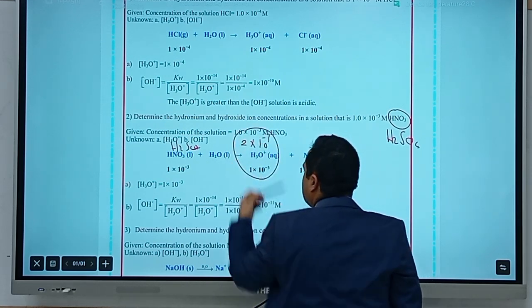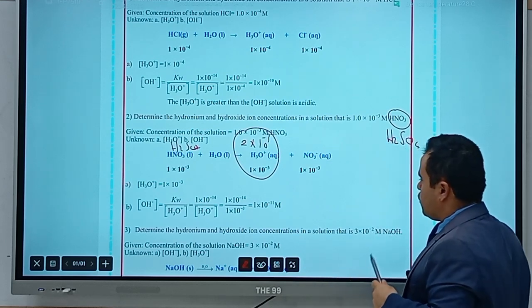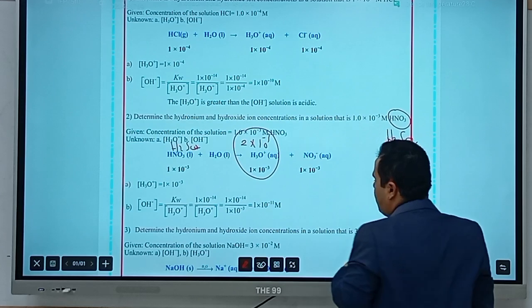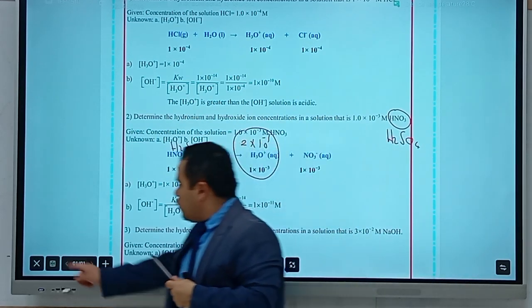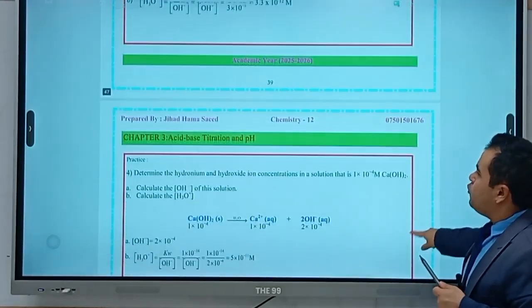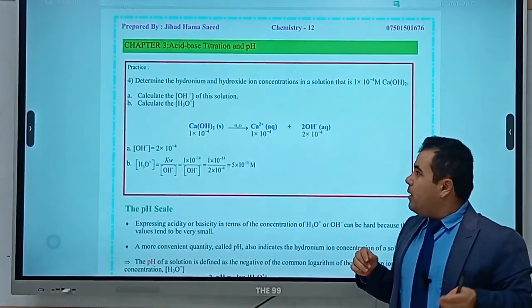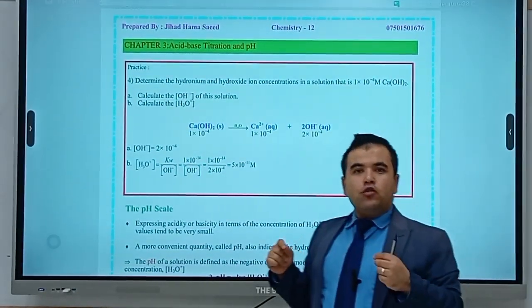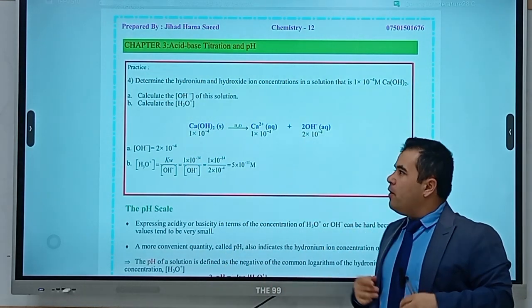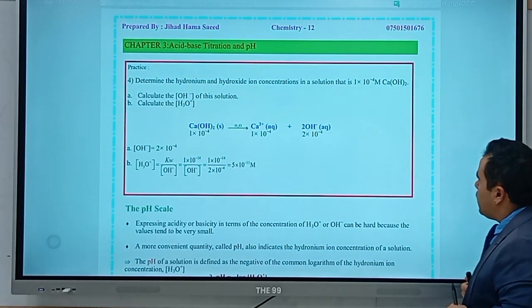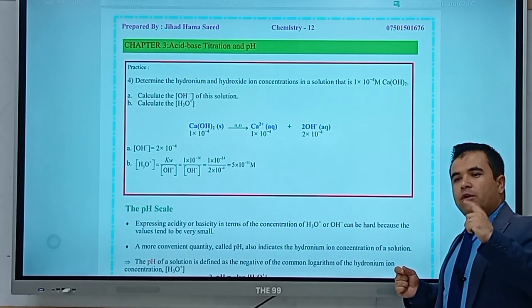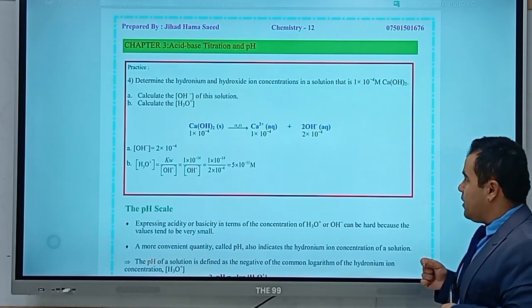So the hydronium will be twice the H2SO4's concentration, and then you'll be able to use the value of the hydronium to calculate the hydroxide through the Kw. In this part, we learn how to calculate the hydronium and hydroxide from the concentration of strong acids and strong bases through those above notes, the four equations which I have derived, and by using the Kw we will be able to convert the hydronium to hydroxide and vice versa.